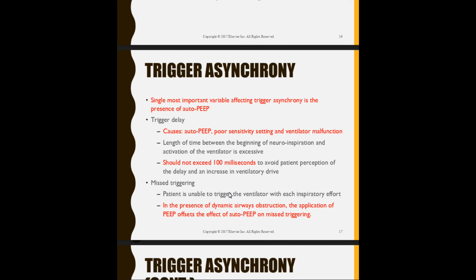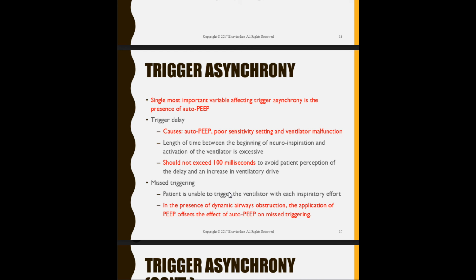So in this particular setting, when you have a presence of dynamic airways obstruction, if I have an Auto-Peep of 7, I have to put my PEEP at 7 to offset it. Now this is dealing with dynamic airways obstruction on a missed trigger.